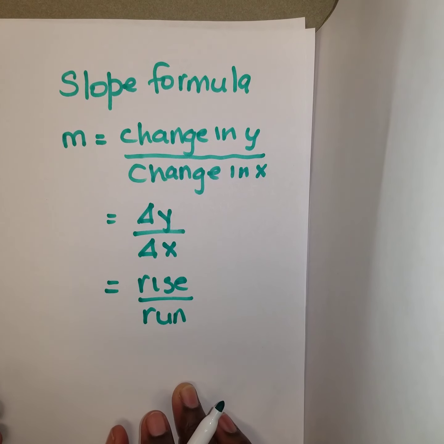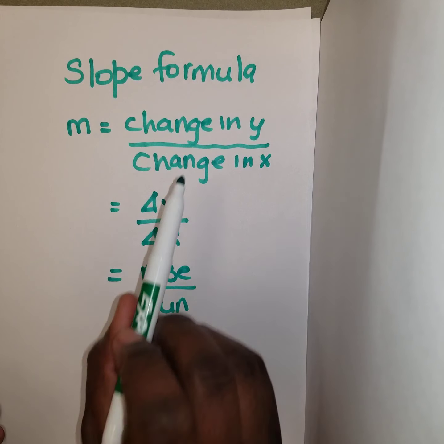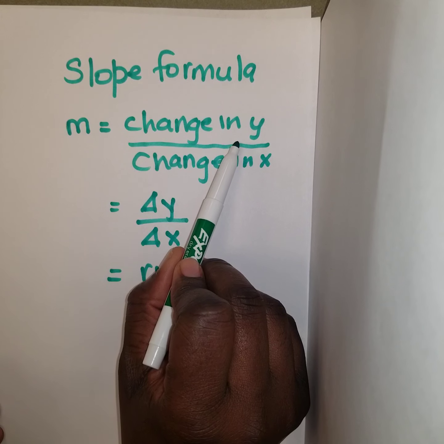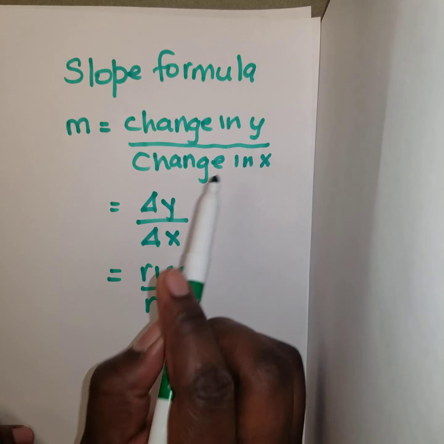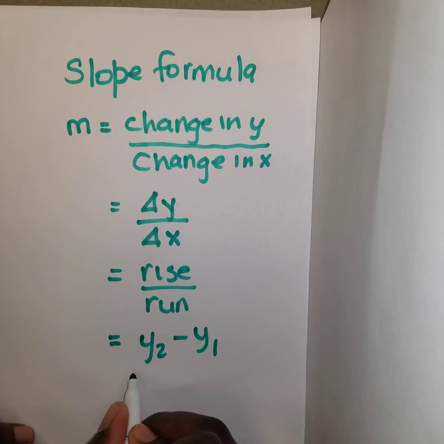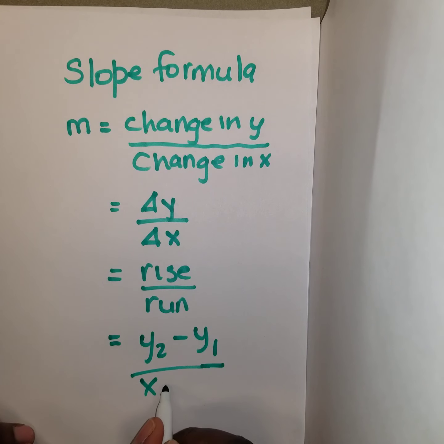Okay, but one thing we need to know is that change in y means that you have two y values changing from one value to the other. So this is how they come up with the y2 minus y1 all over x2 subtract x1.